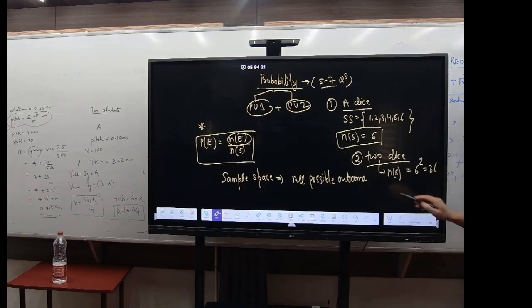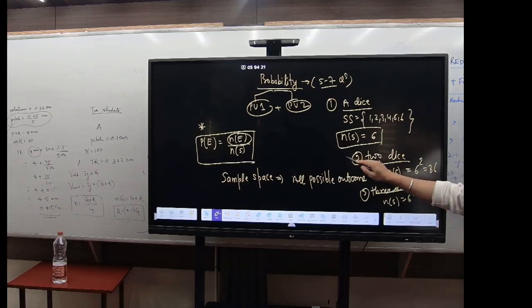For 3 dice, 6 cube, which is 216. 4 dice is 6 to the power 4, n dice is 6 to the power n. Understood? Now this is very important, 2 dice, and I will show you.